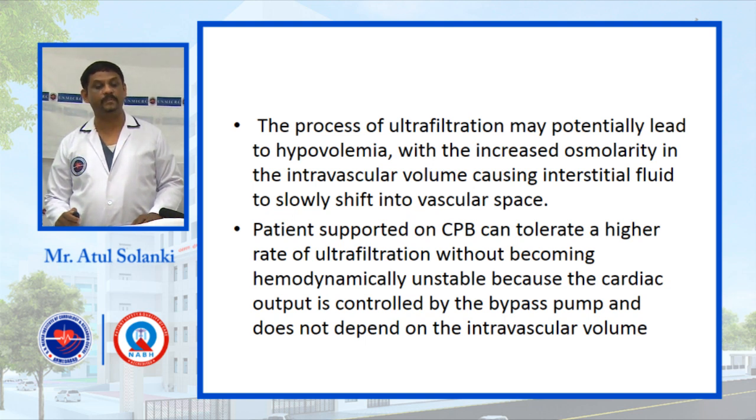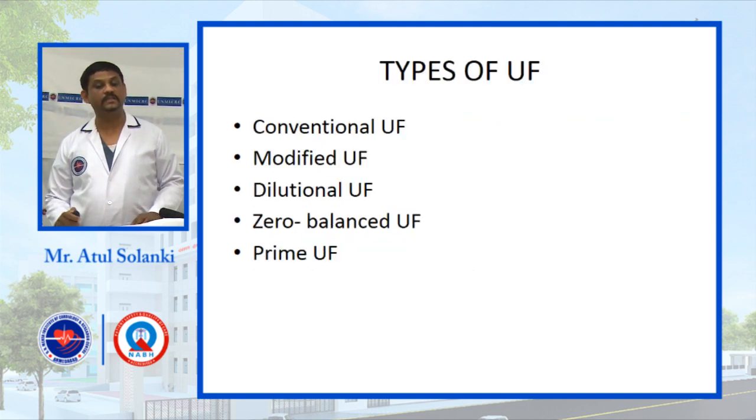Patients supported on CPB can tolerate high rates of ultrafiltration without becoming hemodynamically unstable because the cardiac output is controlled by the bypass pump and does not depend on the intravascular volume. So these are the types of ultrafiltration: conventional ultrafiltration, modified ultrafiltration, dilutional ultrafiltration, zero balance ultrafiltration, and prime ultrafiltration.